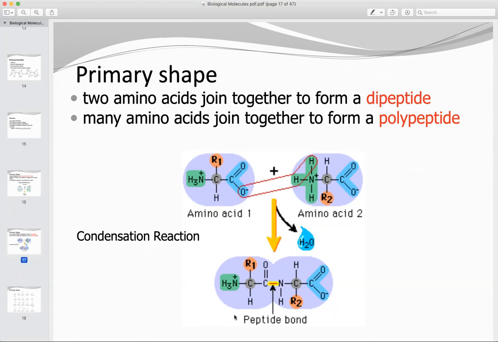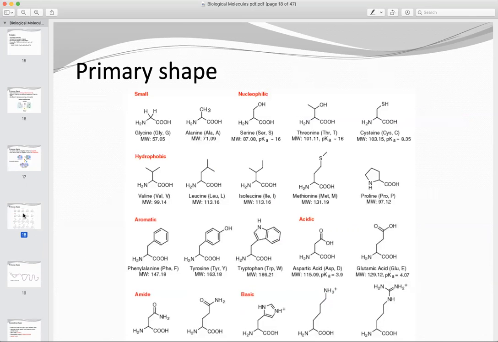So we've got amino acid number 1 joining amino acid number 2, and that is being held together through a peptide bond. So do jot that down.